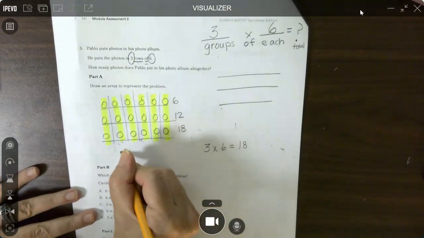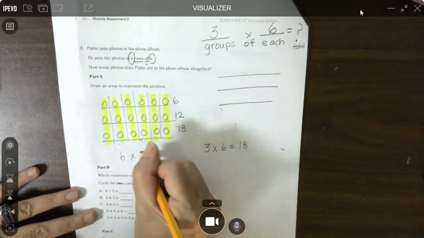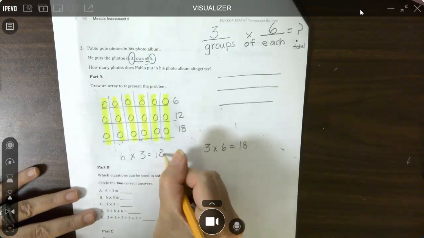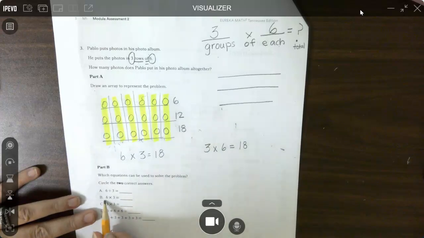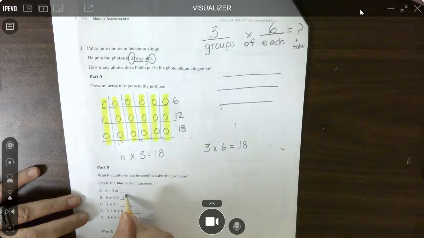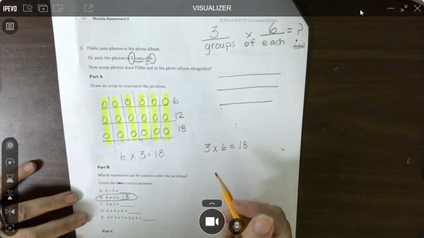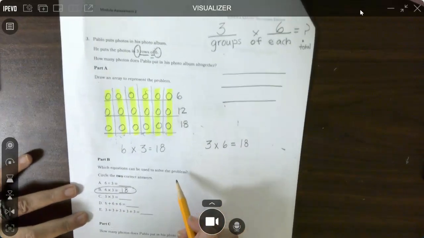I could say I have 6 groups that each have 3 things in them, and that is still the same as having 18 total circles. Here is an equation that makes sense. 6 times 3 is 18. Okay? Then I think to myself, what other options do I have?